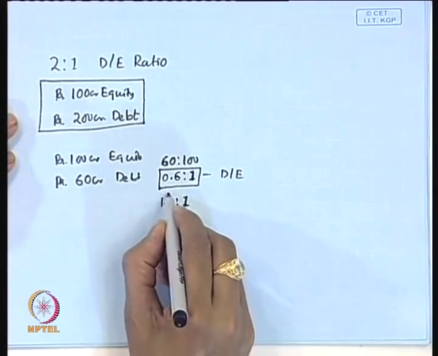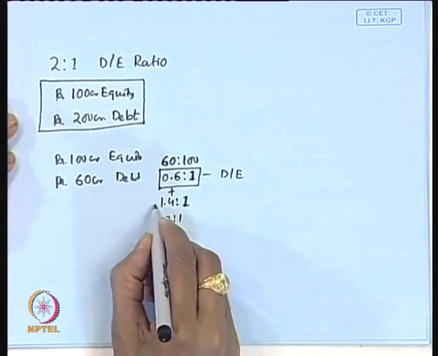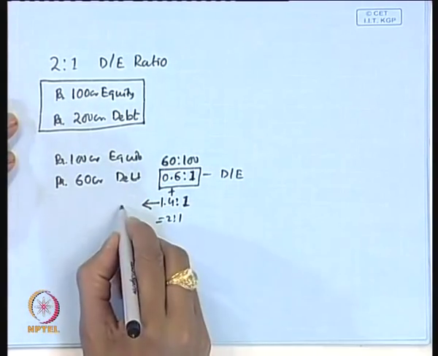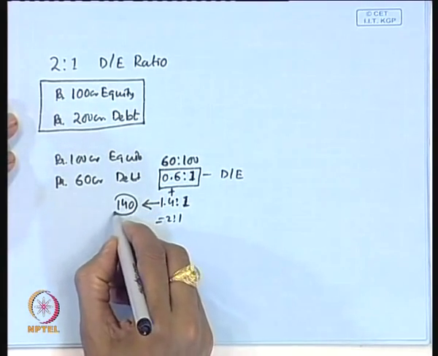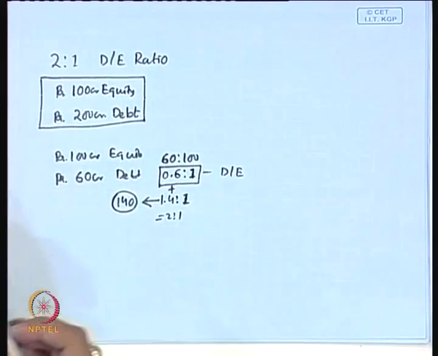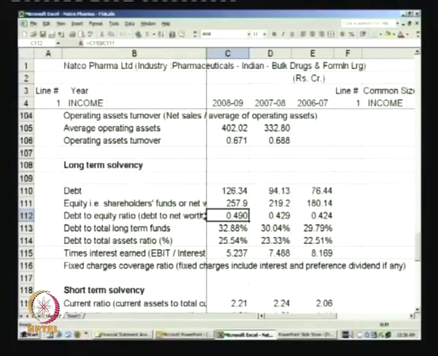So the company can go up to 1.4 times of equity, that is, another 140 crore rupees of debt can be taken by this company comfortably, because the banker believes 2:1 is ideal for this company. So, a lower debt equity ratio provides the company an ability to go for higher debt whenever it is actually required.